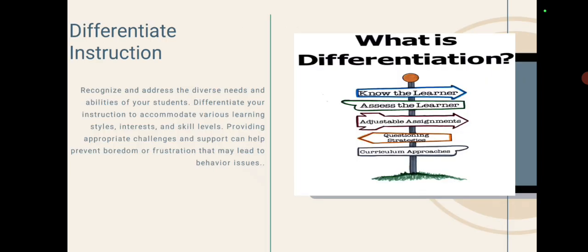The next one is differentiate instructions. Not all learners learn at the same pace. So what you need to do is to ensure that the way you teach them, your teaching style, is going to accommodate the different growth patterns of the learners. So it's not everything that you teach them with the same method.